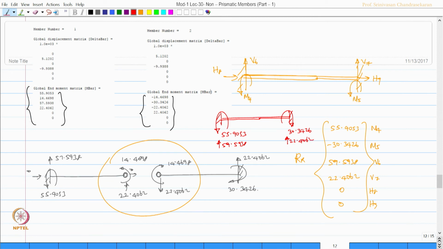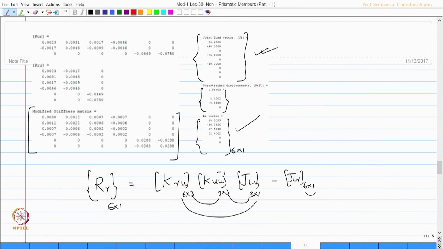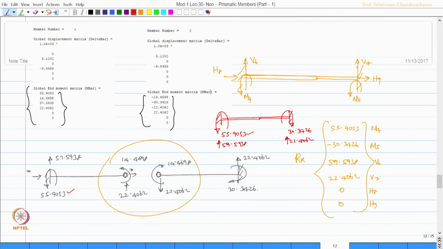Let us check, this is going to be exactly the same. You can see here 55 and 55, 57 and 57. Then clockwise 30.34, clockwise 30.34, upward 22, 22.